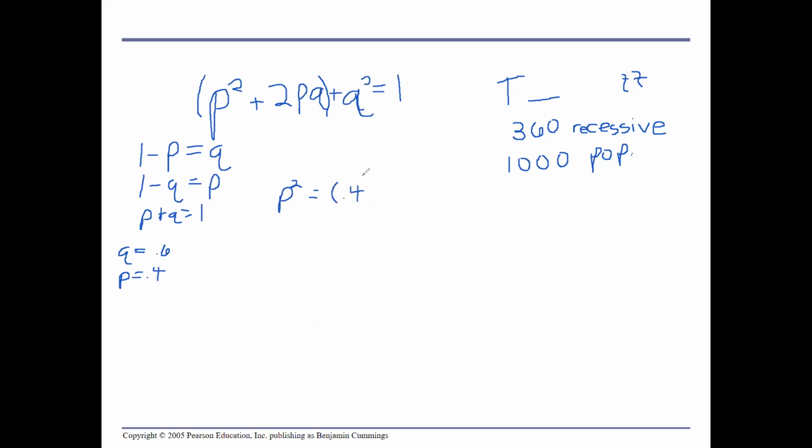P squared is just going to be equal to my P squared, right? 0.4 squared. So that's equal to 0.16. And students are like, oh, that's it, I'm done.